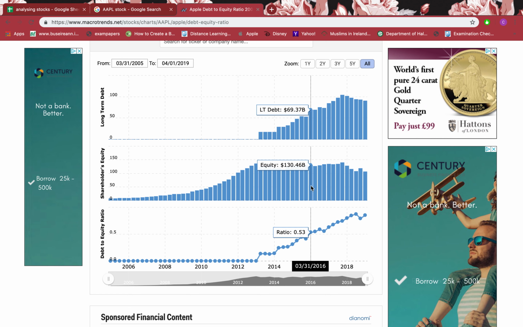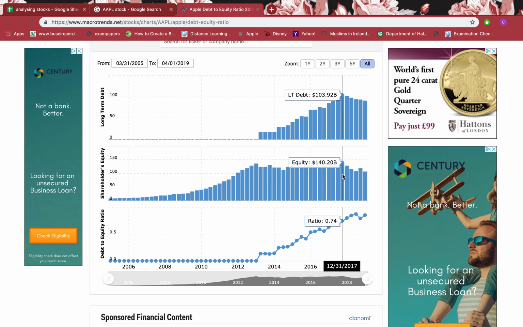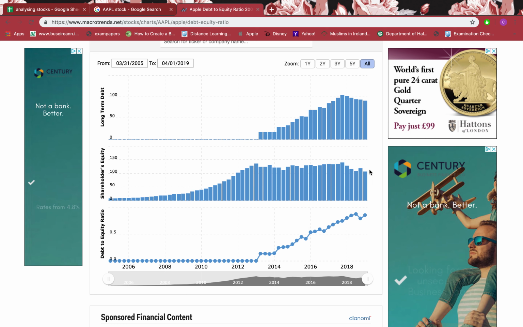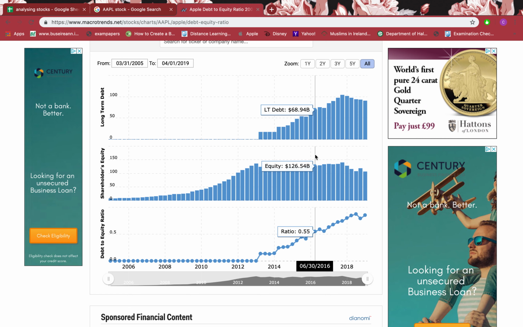After 2016, it's operating a lot on debt. It's above 0.5, and continuously the ratio is increasing. And now it's 0.85, which is nearly the highest ratio. So it's operating a lot on debt. So this is very important because you have less margin of safety, and it's not secure to invest in this kind of stock.